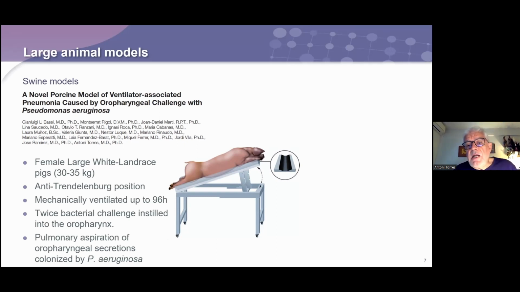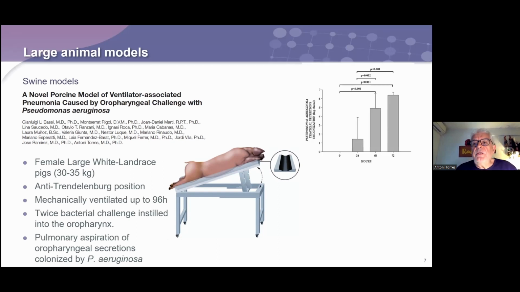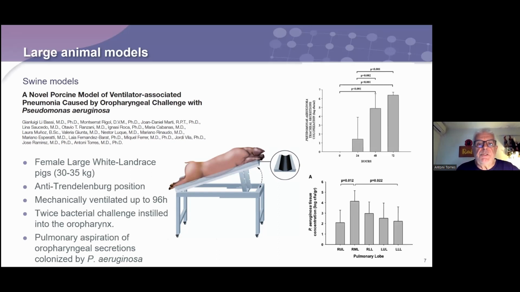These animals were in anti-Trendelenburg position, mechanically ventilated up to 96 hours, and we challenged the oropharynx twice, but not the bronchi. Most of the animals developed pneumonia in that position, indicating that this can mimic what happens in mechanically ventilated patients.